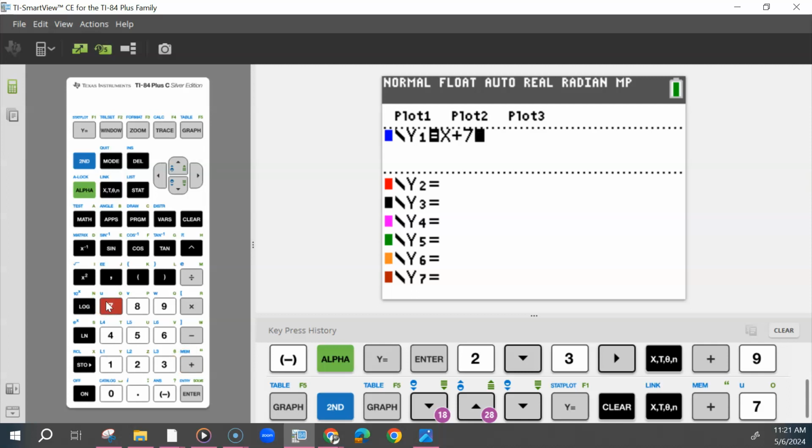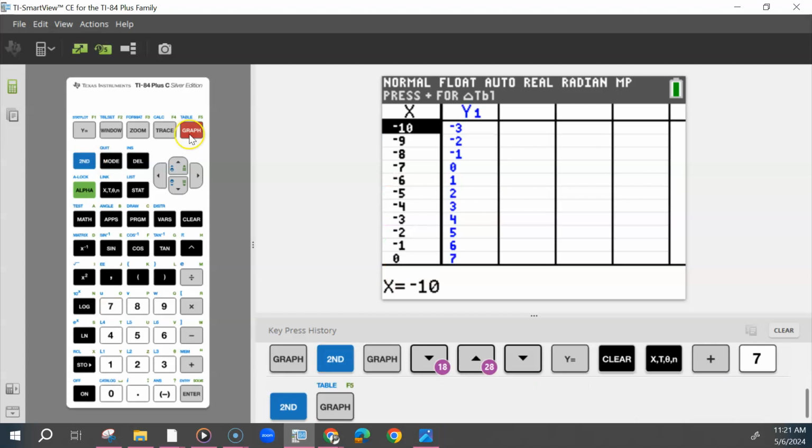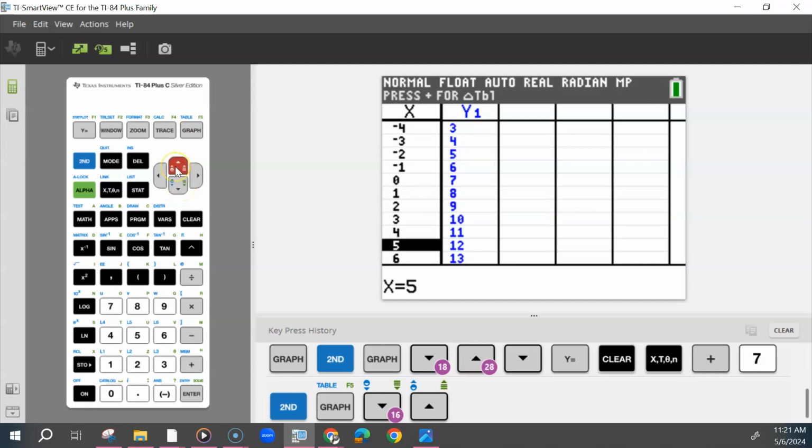Go into the table. How do you do that again? To go into the table, second graph. Okay. And then for the x values given, just look for those y values. At 5, y is 12. At -1, y is 6. At -3, y is 4. So you can use the table or do it by hand.